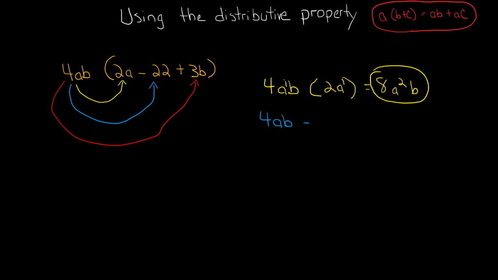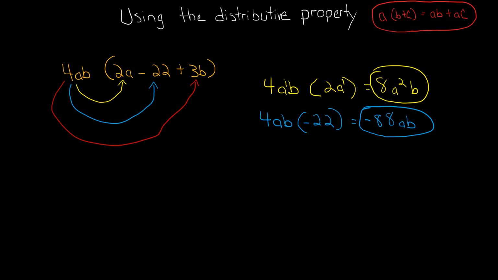Negative 22 times 4 will give you a negative 88. And plus the ab, we can't really do anything with that because we just have a numerical value inside the parentheses, which is negative 22. But that ab still has to come along anyway. So let's go ahead and circle that.